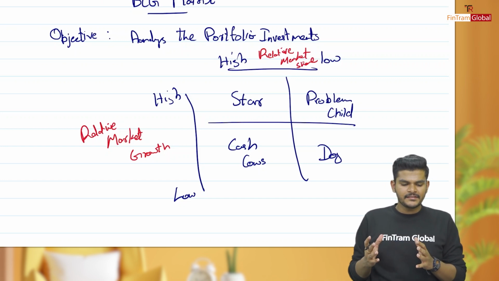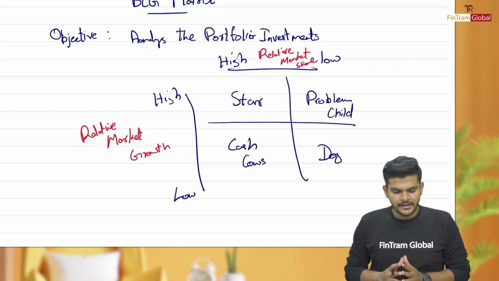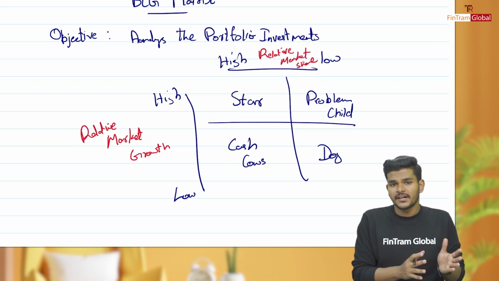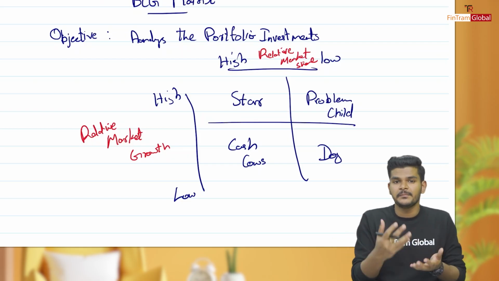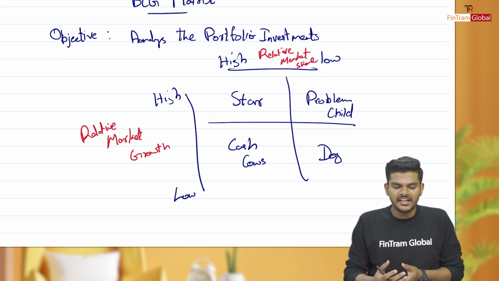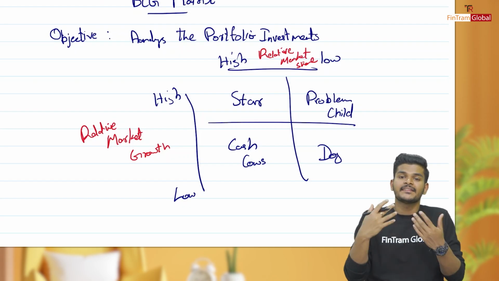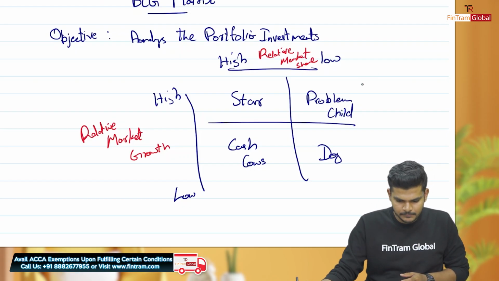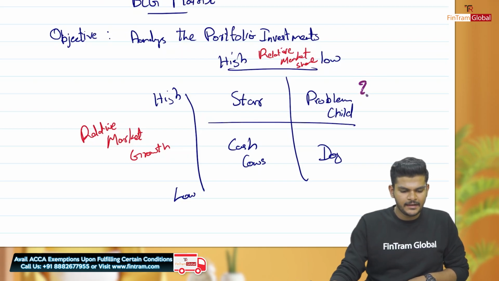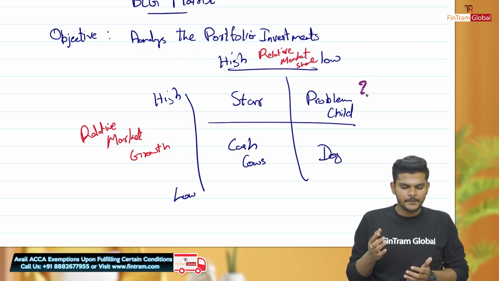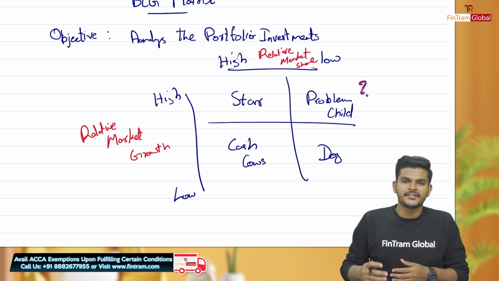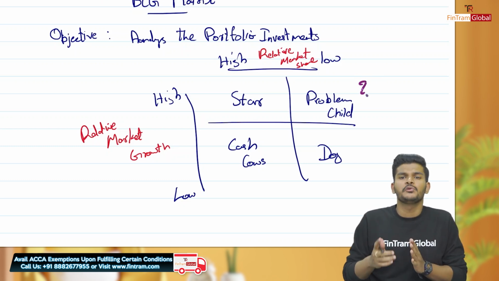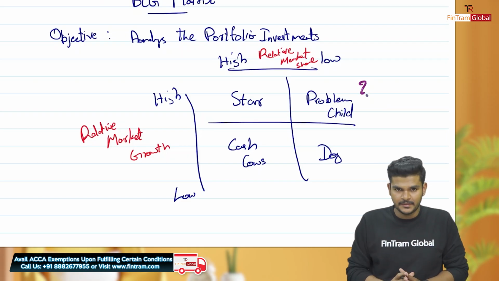So by looking at the relative market growth and relative market share, I'm categorizing my portfolio of investments into 4 categories. There's the star investment, which is high market share and high market growth, right? Then there's the problem child, which is low market share, but it has high growth opportunities. We also call it a question mark as well, right? And then we have cash cows, which can generate cash since they have a high market share, but there are no growth opportunities for this particular investment, isn't it?